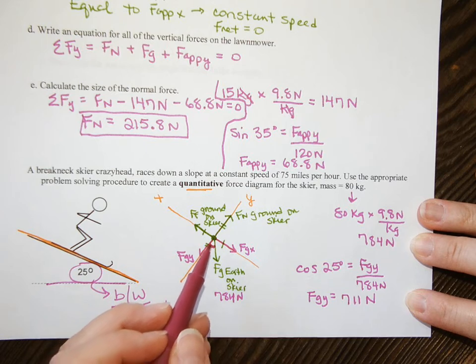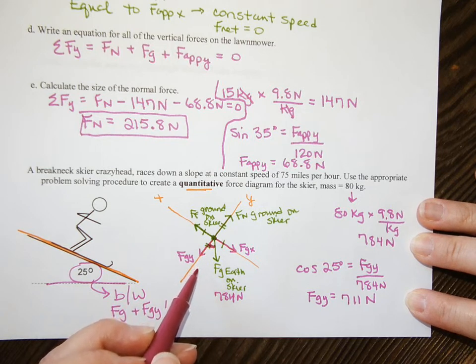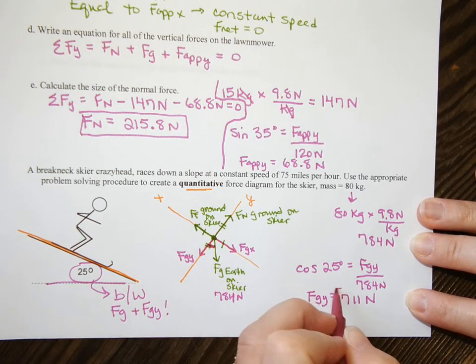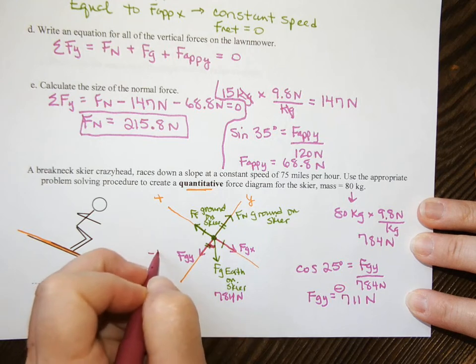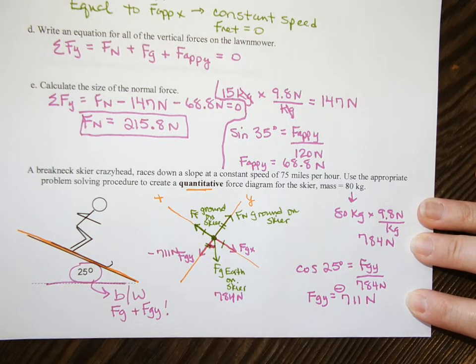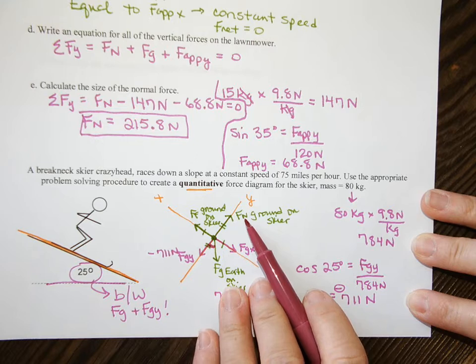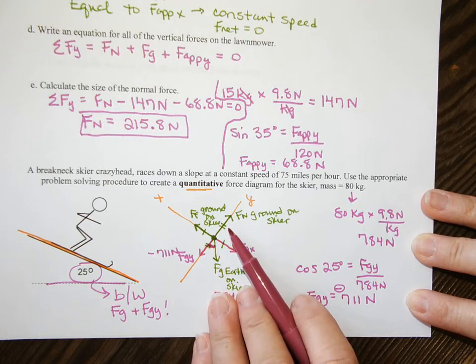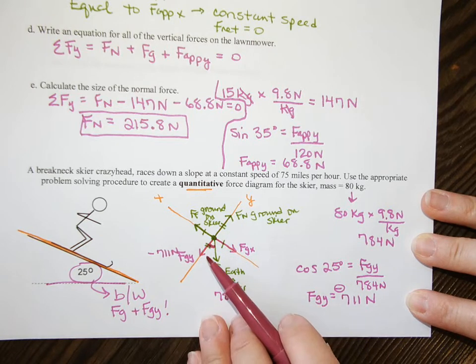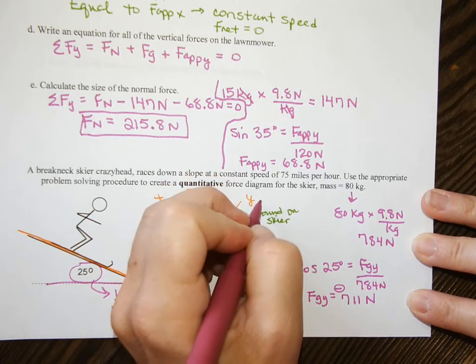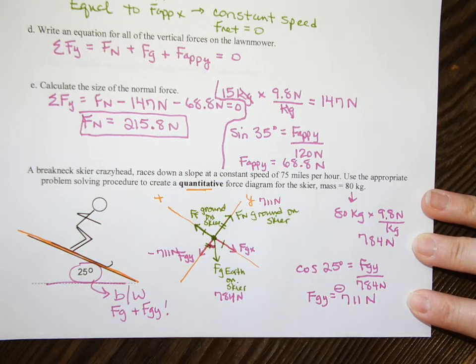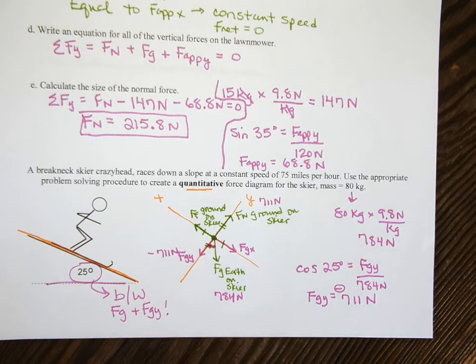And FGY is in the negative y direction, so I'm going to make that negative. Now, if FGY is negative 711 newtons, I know that the normal force is going to be the opposite direction of that, but an equal value. So the normal force here is going to be positive 711 newtons.